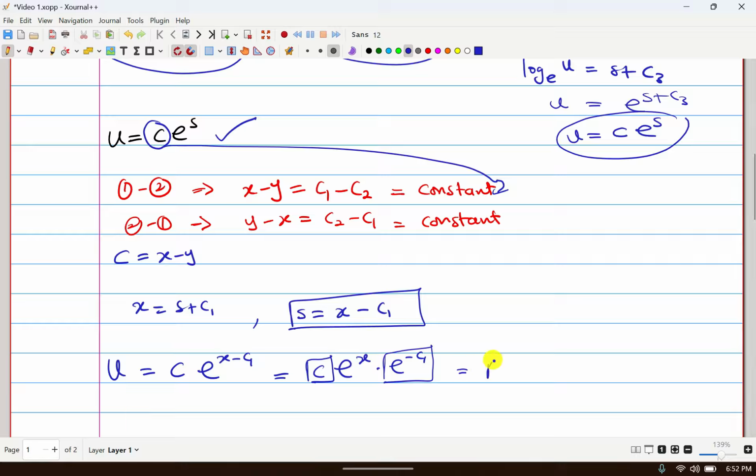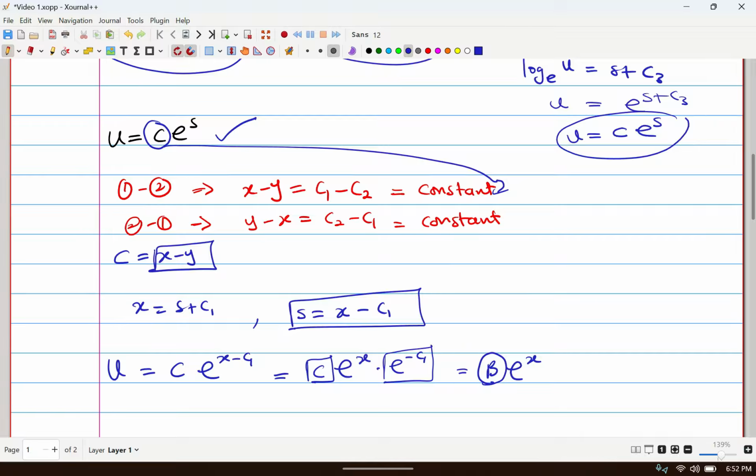Say I can say b e to the x. So the final solution has a constant b in it, and that constant, like I said, in this particular problem, is defined to be x minus y or y minus x. Any one of them works, okay? Because this is going to give us a general solution. One of the key things in PDE is that the final answer will give us arbitrary functions, not arbitrary constants, as opposed to ODEs.